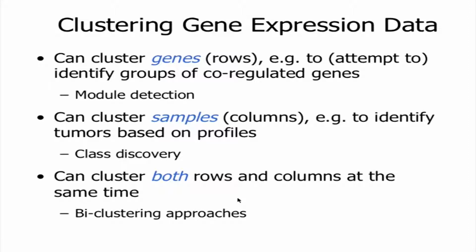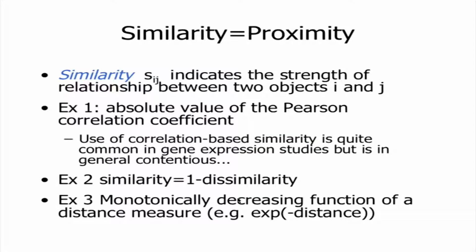Now, the input of many clustering algorithms is a dissimilarity measure, and a dissimilarity is, of course, just the opposite of a similarity measure. What is a similarity measure? The similarity measure indicates the strength of a relationship between two objects, for example, two subjects. For example, if you have a Pearson correlation coefficient between two subjects, you can take the absolute value, and that is a measure of how similar two subjects are.